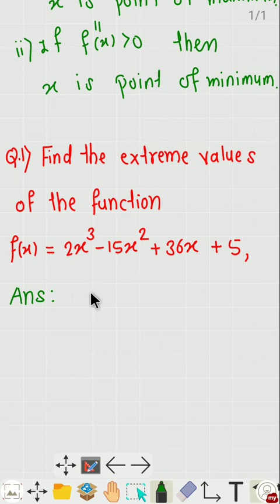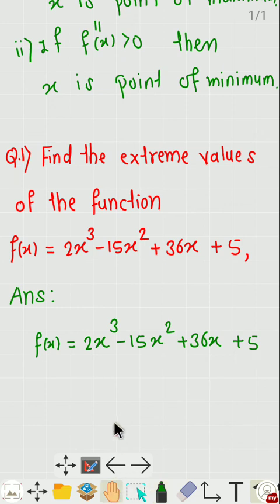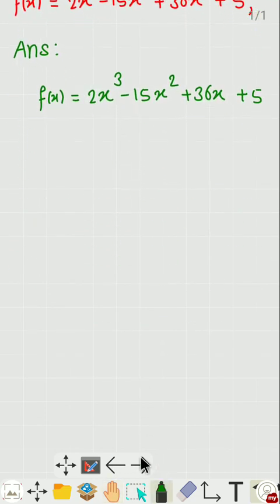First of all, we write the given function f of x is equal to 2 times x cube minus 15 times x square plus 36 into x plus 5. This is the given function, and we go step by step. In the first step, we write f dash of x, meaning the derivative of f with respect to x. So we write the derivatives of each term by using the rules of differentiation.